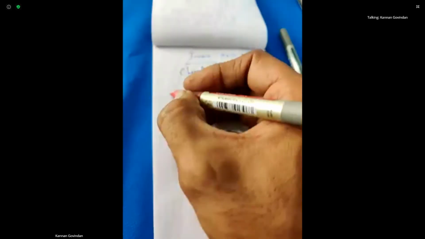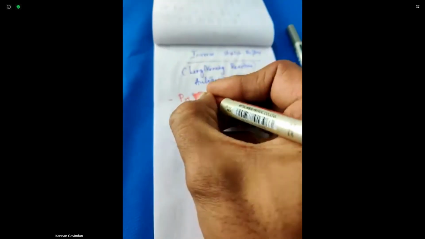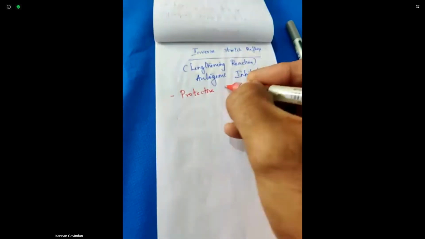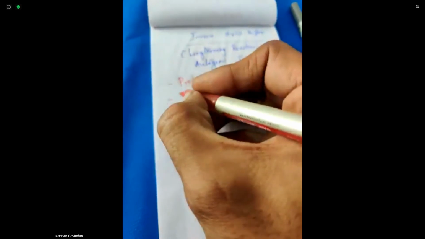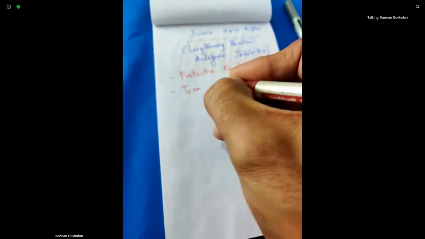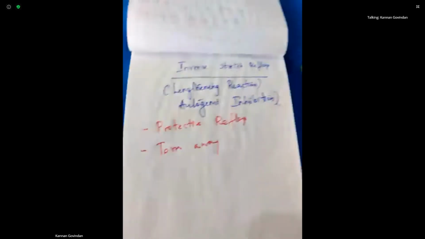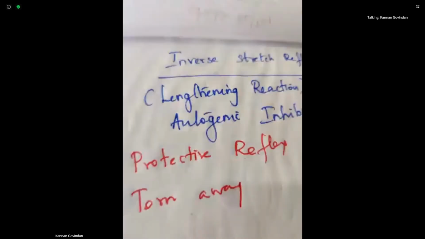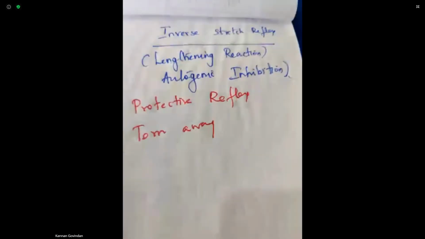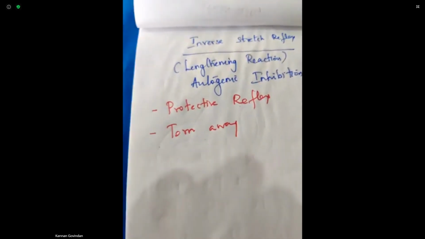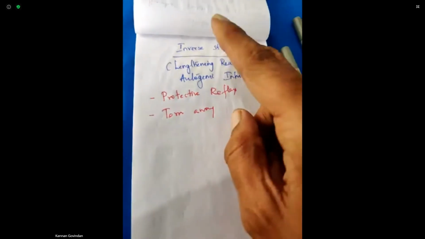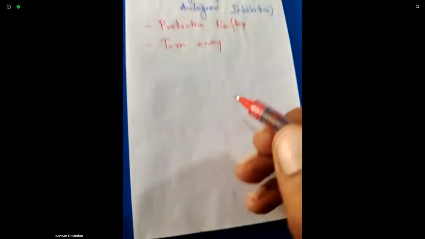Okay, it is a protective reflex. It prevents the muscle from being torn away due to excess tension. So whenever contraction is more, the tension will be very high. When the tension is very high, the muscle has the capability to get torn away. This is prevented by the muscle's inherent mechanism called as inverse stretch reflex.